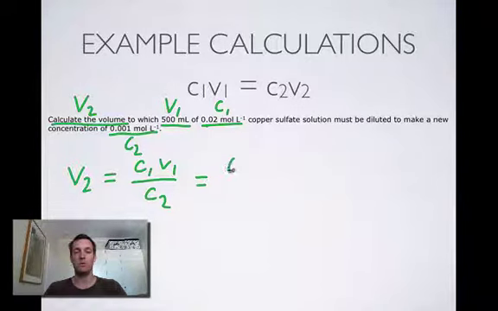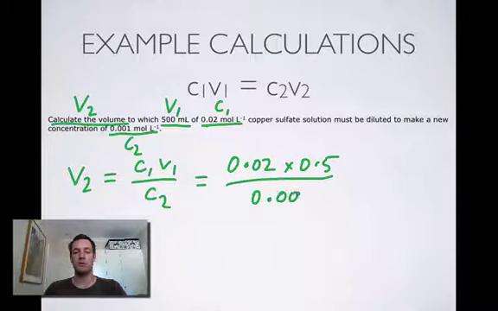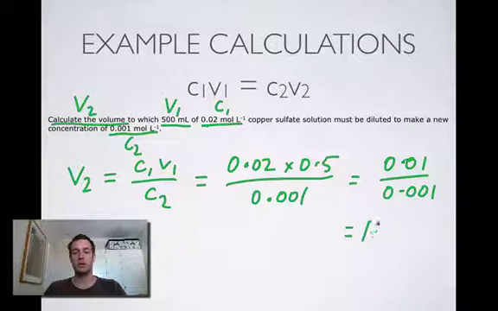We've got C1V1 over C2. What's C1? 0.02. What's V1? There it is, 0.5 litres, remember? Divided by C2, which is 0.001. So that equals 0.01 over 0.001, and you can see that that's 10 times bigger than that, so this equals 10.